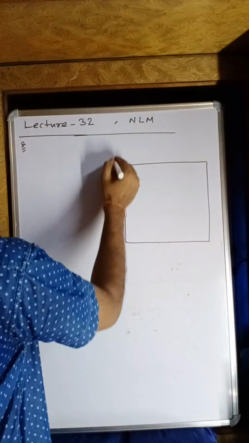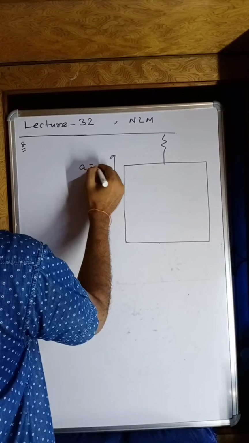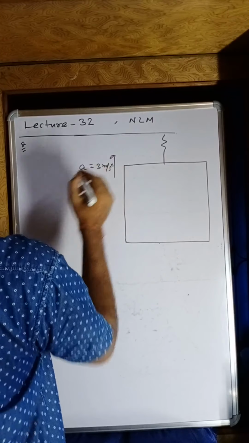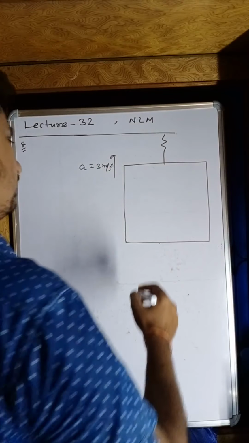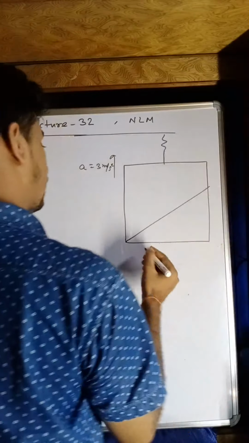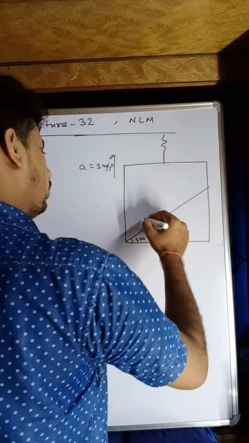This is the elevator which is moving up with an acceleration 3 meter per second square, the same case. Okay, it is moving up with an acceleration 3 meter per second square. Theta, it is 37 degree again. Now the two blocks are kept.